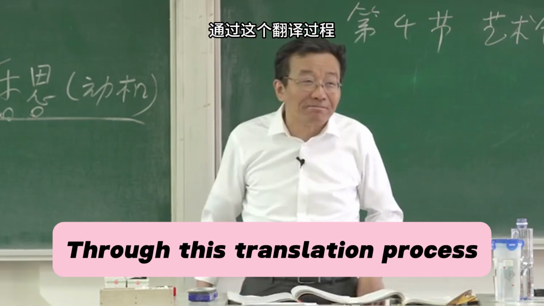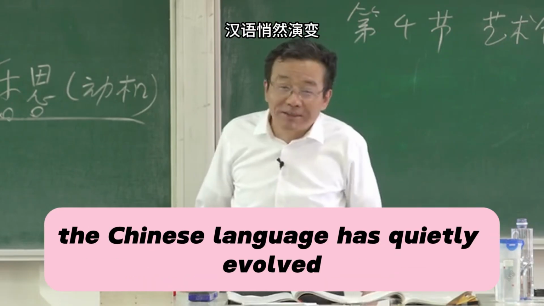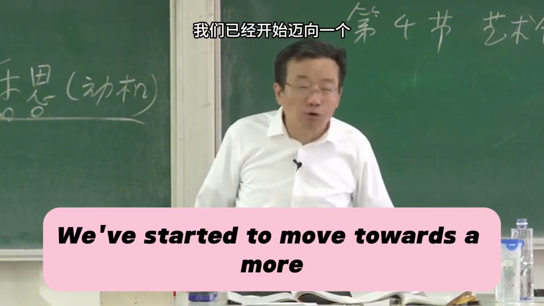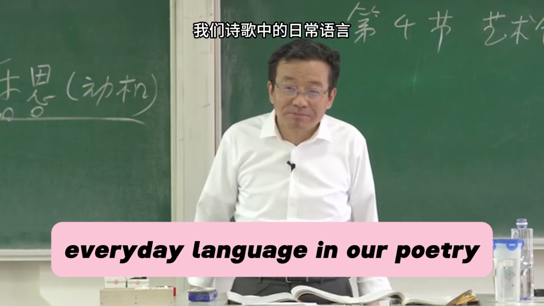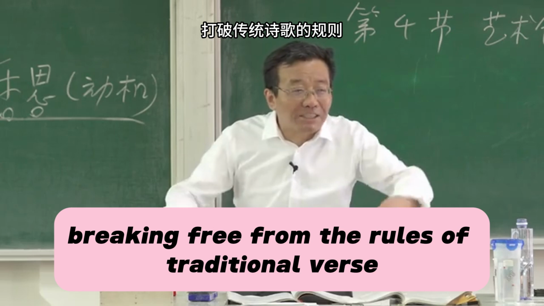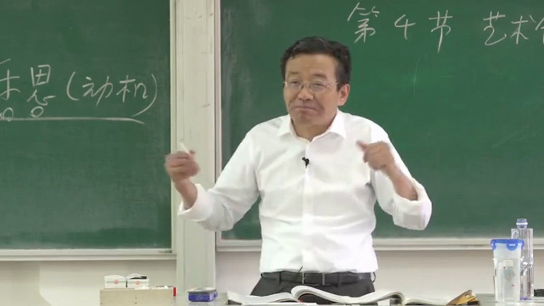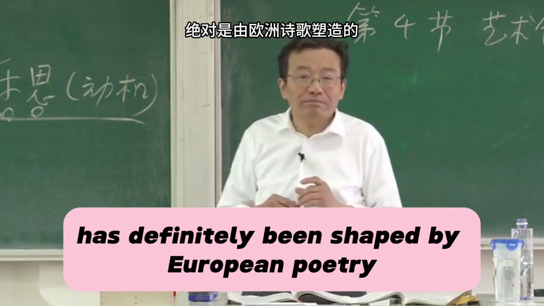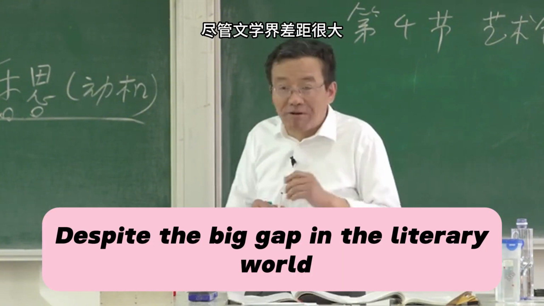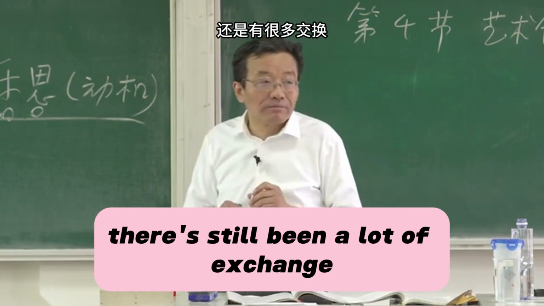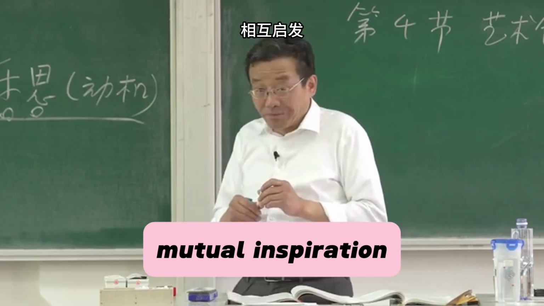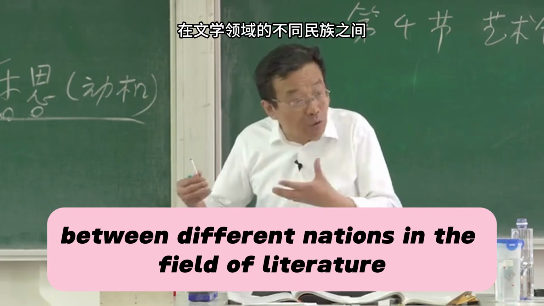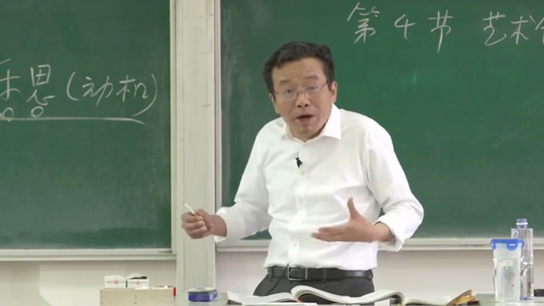Through this translation process, the Chinese language has quietly evolved. We've started to move towards a more everyday language in our poetry, breaking free from the rules of traditional verse. The modern poetry movement has definitely been shaped by European poetry. Despite the big gap in the literary world, there's still been a lot of exchange, mutual inspiration, and mutual encouragement between different nations in the field of literature.